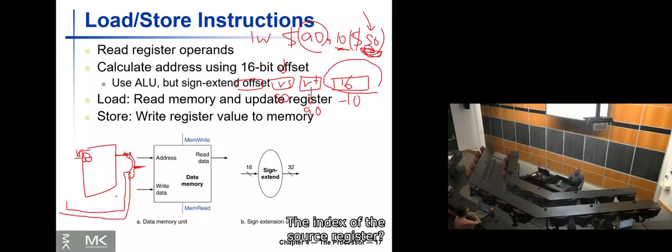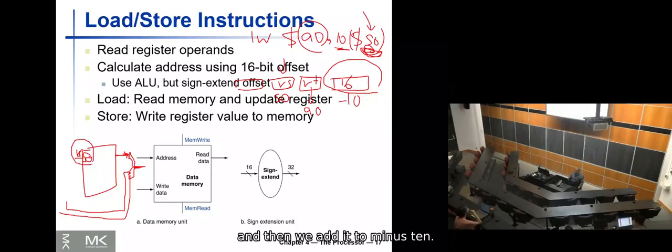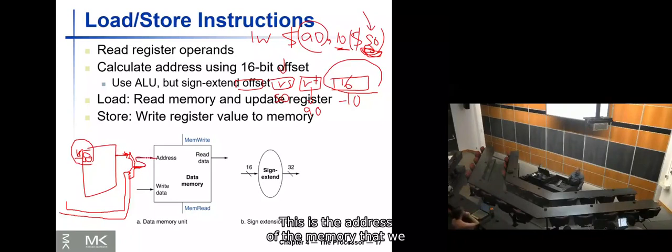The source register is S0, and we get it, and then we add it to minus 10. What do we get? Yes, the address that we want to load from the memory. So this would be the address, and this goes here. This is the address of the memory that we want to load from.